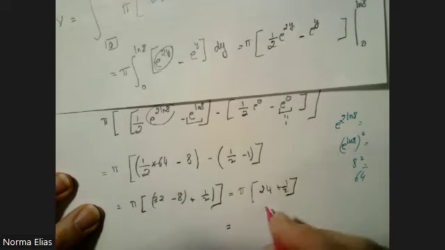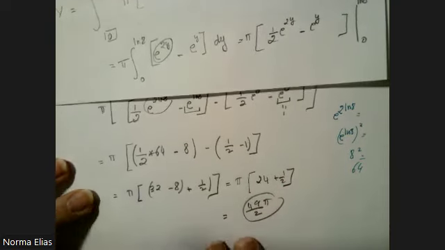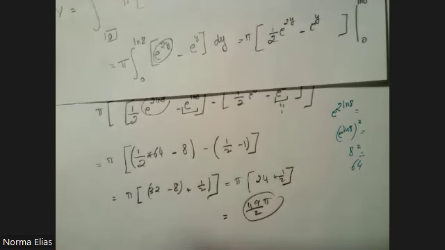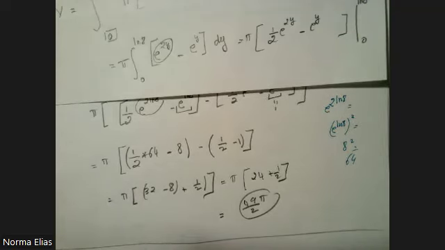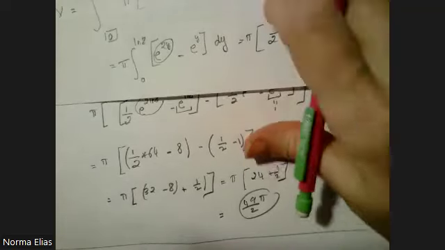It means 49 over 2 pi. Questions about this problem? Okay. So let's look at number 51 and then we proceed.